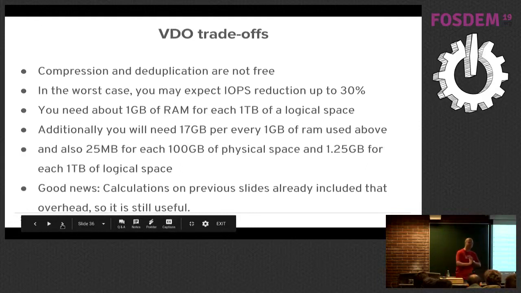But the best part here, all the calculations I showed you earlier, especially on the slide where I installed the VMs and it only gives you plus half a gigabyte, they include all the overhead. I mean storage overhead. So that's including that 1 gigabyte of RAM, 70 gigabytes per gigabyte, and so on. It's all included. So it still makes sense. It still saves your space.